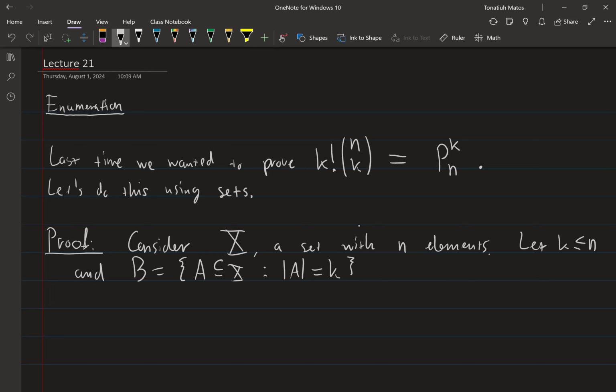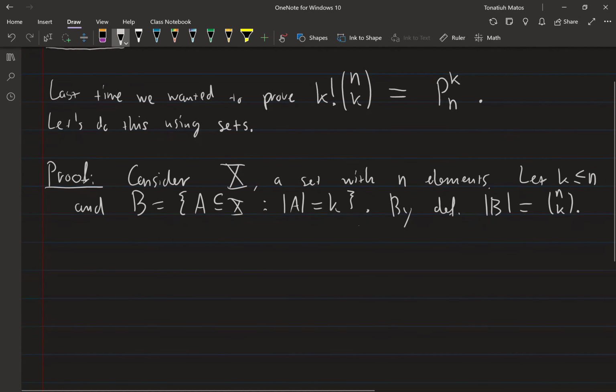By definition, we know the size of B. That's exactly what we defined n choose k to be. That's the definition of that symbol: the size of the set B, for any fixed set X. Of course, X could be any set, because we only care about how many elements there are in X. The elements of X play no role.